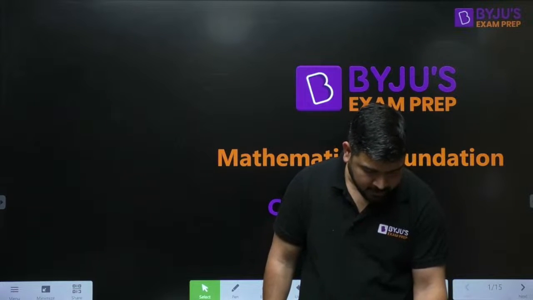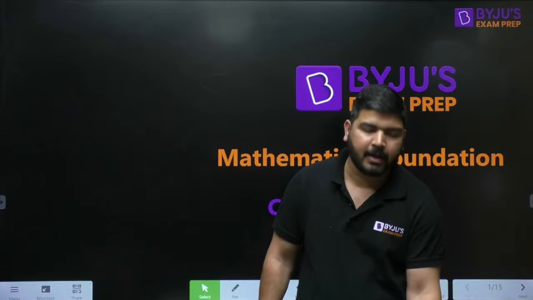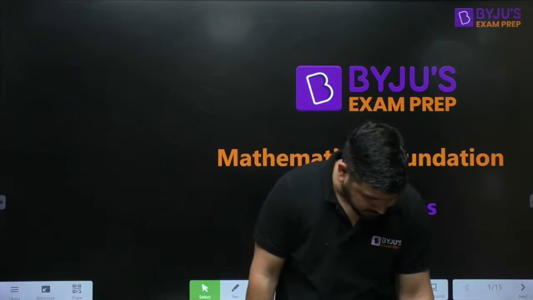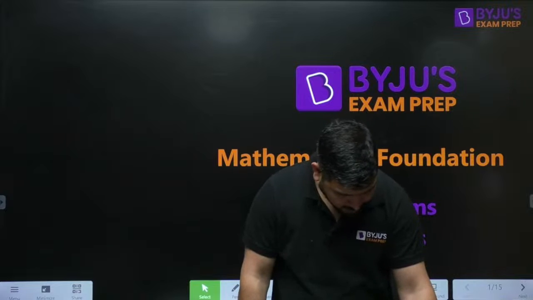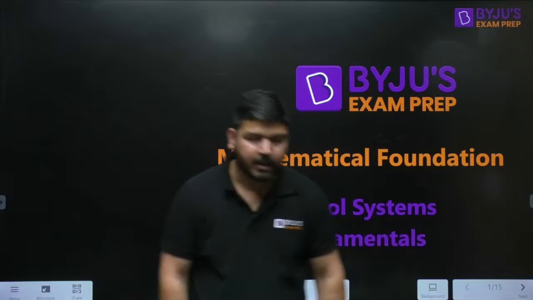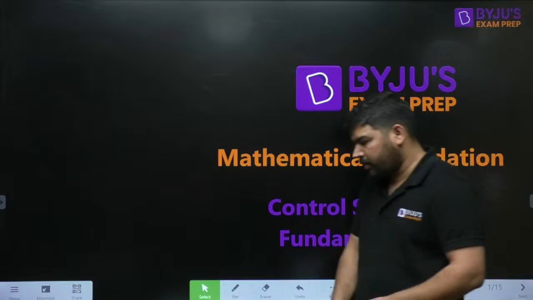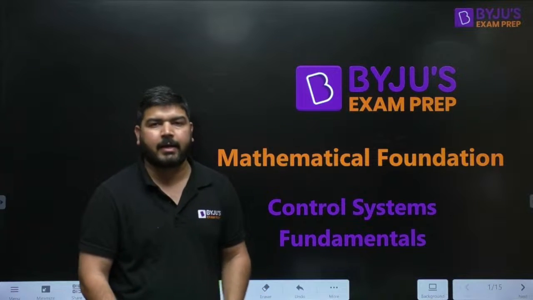So in this session again we will discuss eigenvalue and eigenvector, because if you remember, in the previous class we were discussing eigenvalues and eigenvectors, and in this session also we will continue that part. In the previous session I told you about linearly dependent and linearly independent eigenvectors.